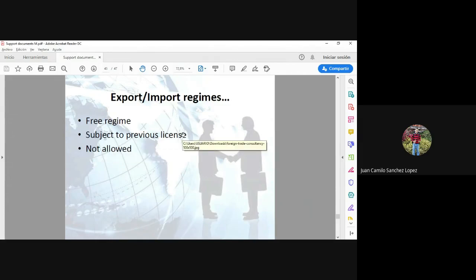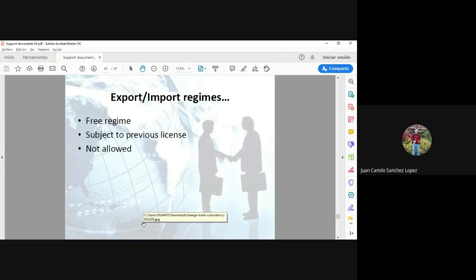There are other products that need a previous license, for example guns. Importing guns is only possible by Indumil, the government entity. And also there are some products that are not allowed.